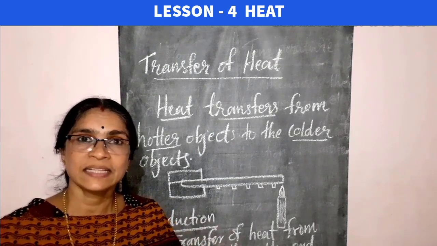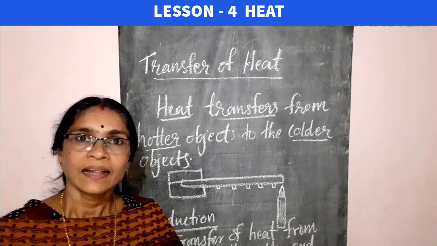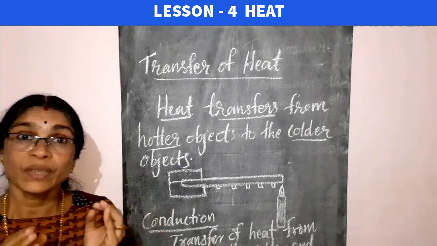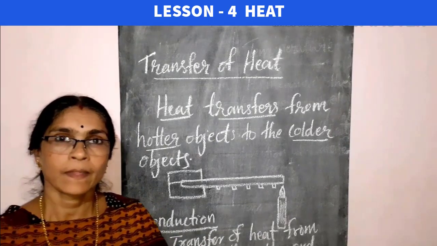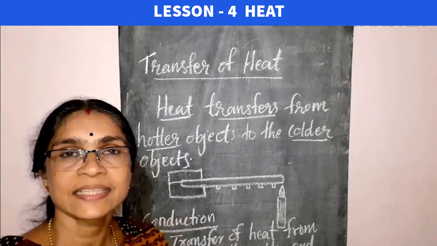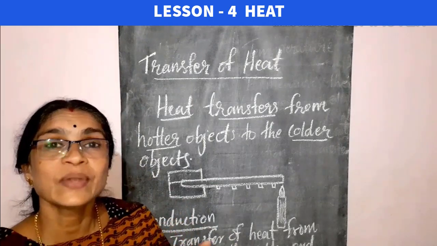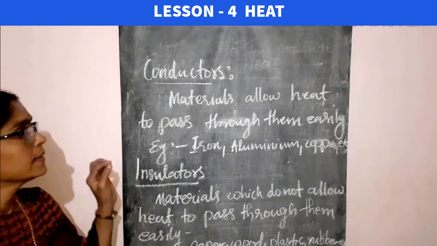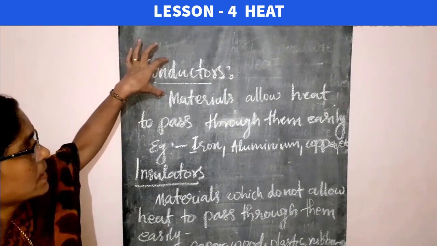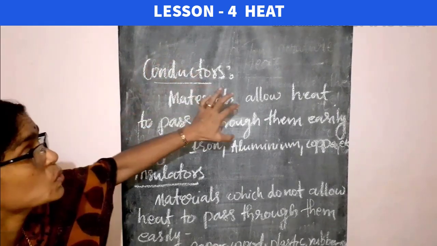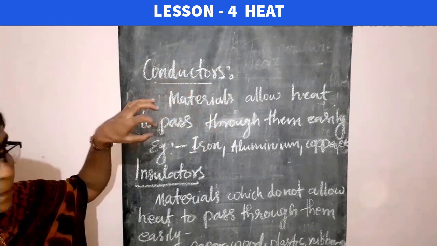Whereas some materials allow heat to pass through them very slowly. They are termed as poor conductors or insulators. Okay, children, conductors means materials which allow heat to pass through them very easily.